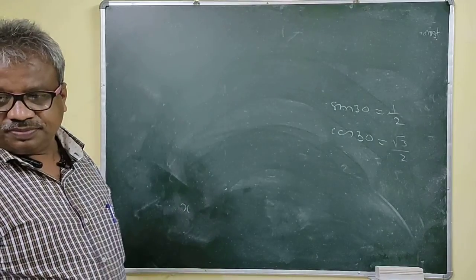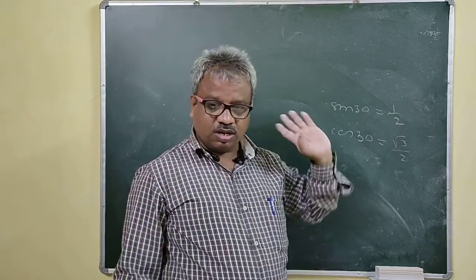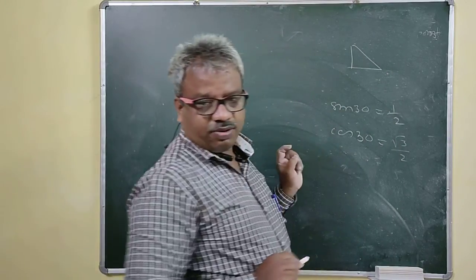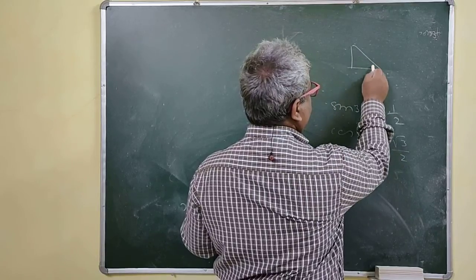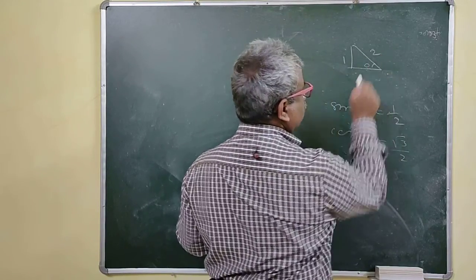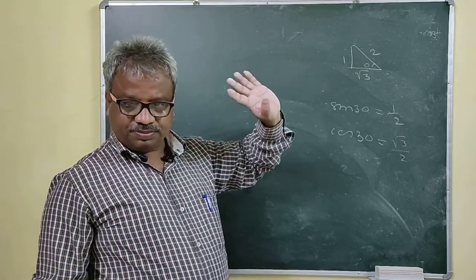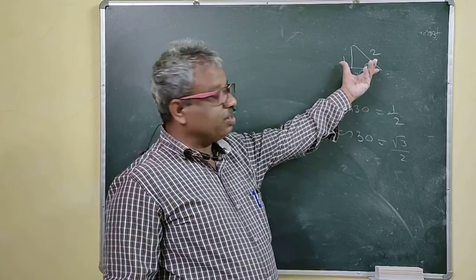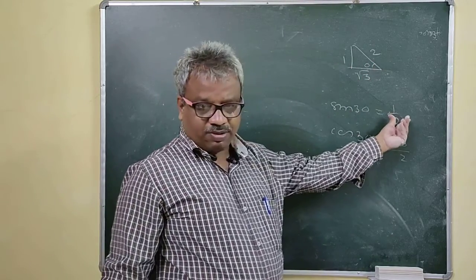You have applied the Pythagoras theorem. Suppose this is theta, then this is 1, this is 2, and by Pythagoras theorem this is root 3, and then you can find the rest. If you have the value of sine theta, a better way is to apply the Pythagoras theorem to find the rest of the trigonometric ratios.